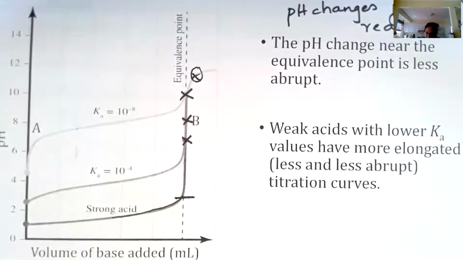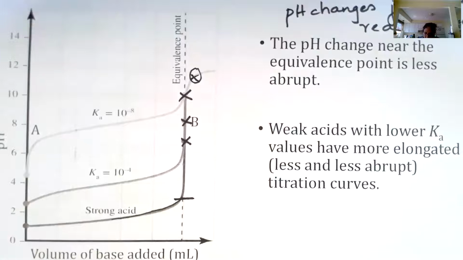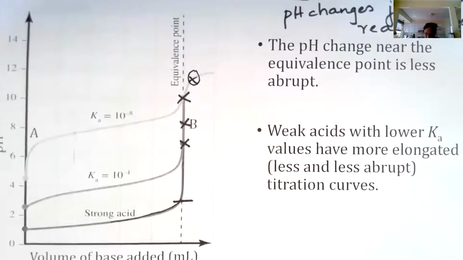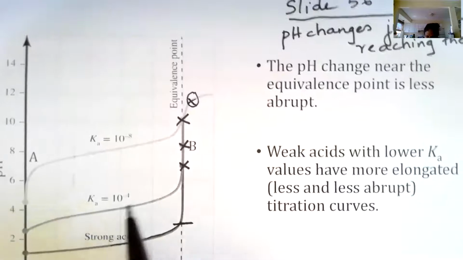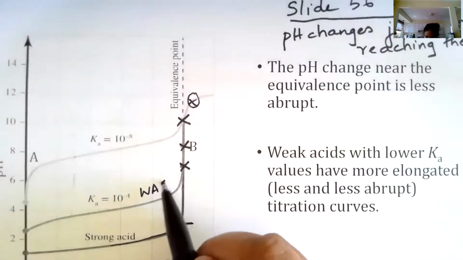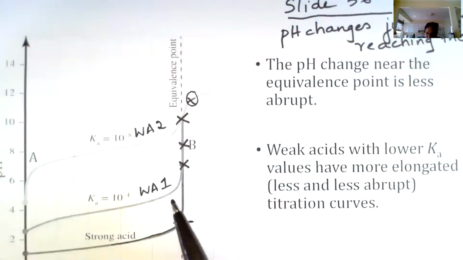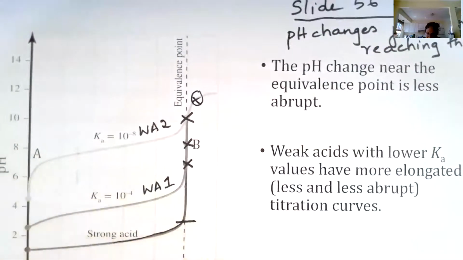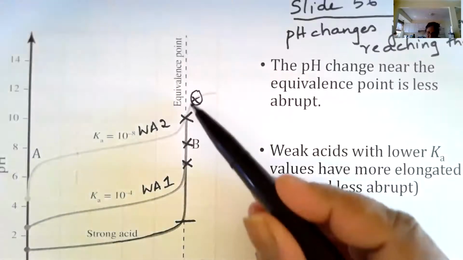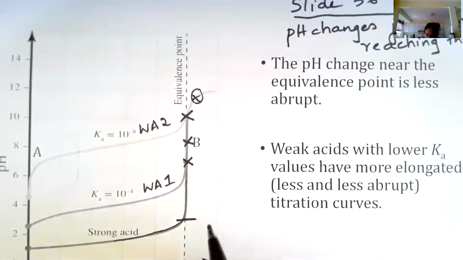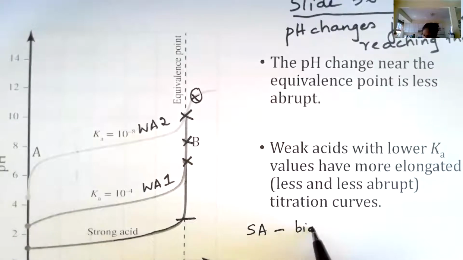But let's look at what happens as the Ka value decreases. For weak acid 1, they call this big jump, I call it a big jump. Strong acid shows a big jump in pH.